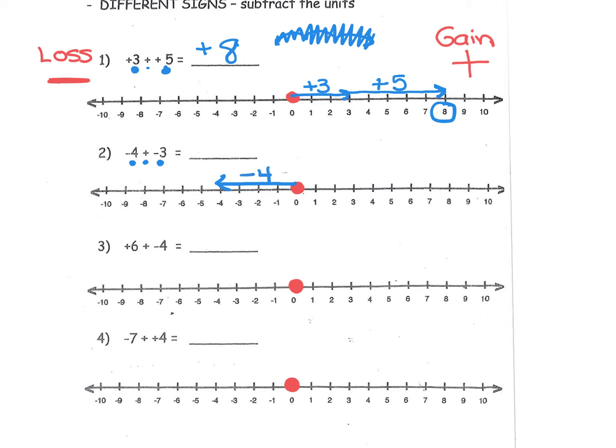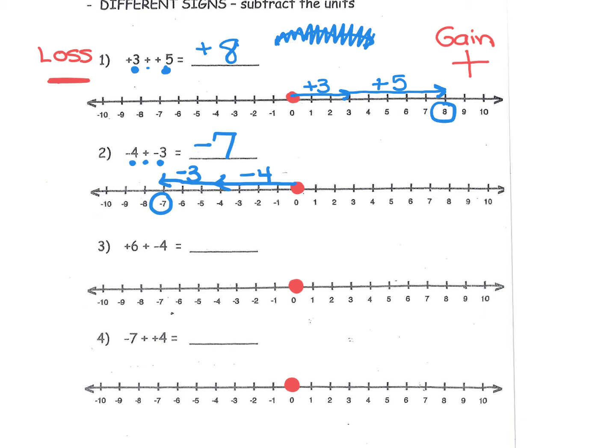We will label that negative 4. And from that point, we will move to the left 3 more units. 1, 2, 3. That represents a loss of 3. We arrive at the answer, which is a negative 7, or a total loss of 7.